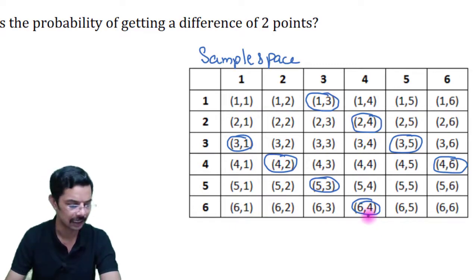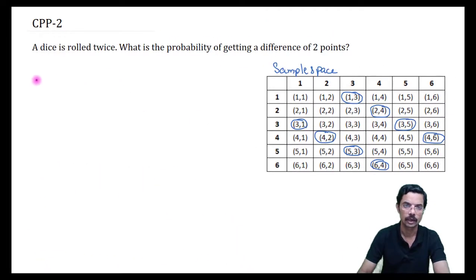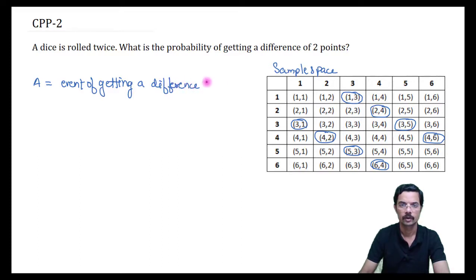There are 8 elements. So if A is equal to the event of getting a difference of 2 points, that will be equal to this set.